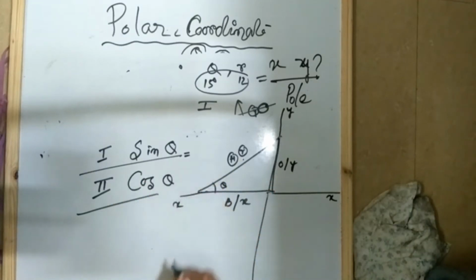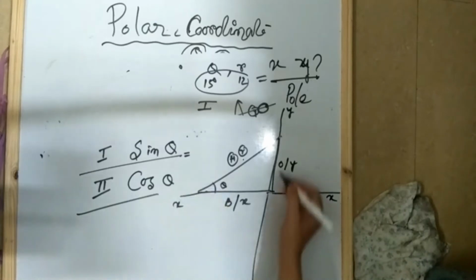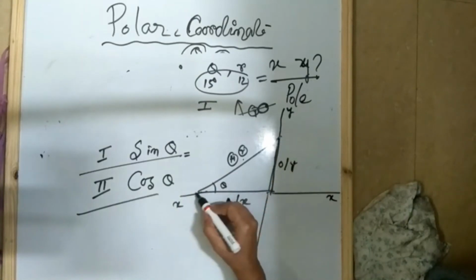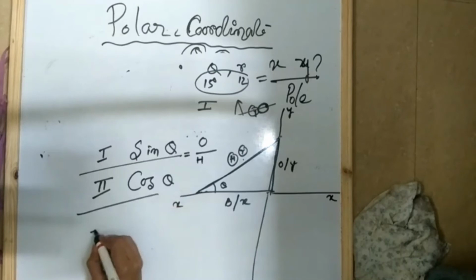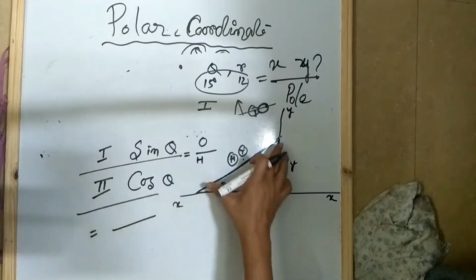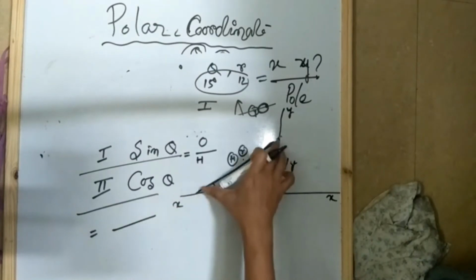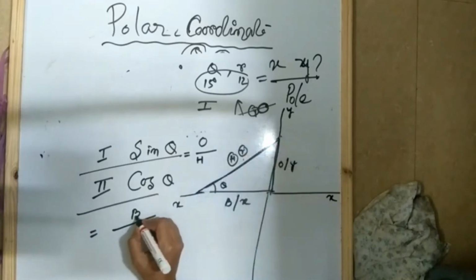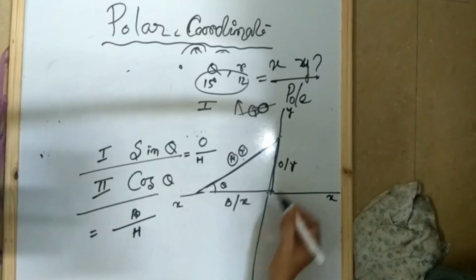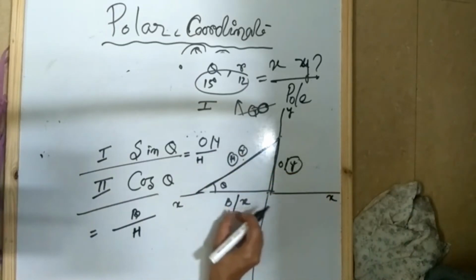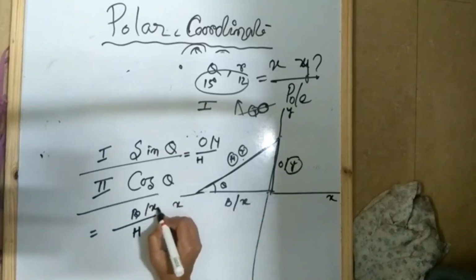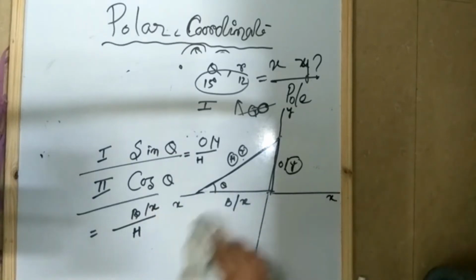What do you mean by sine? Sine means opposite divided by hypotenuse. What do you mean by cos? Cos means base divided by hypotenuse. Here, instead of opposite we can write y, and instead of base we can write x.